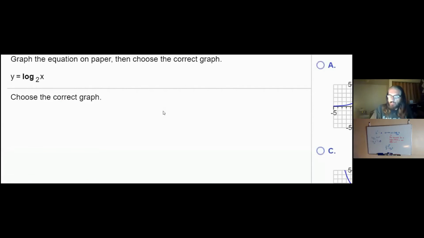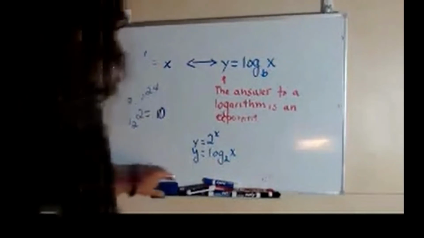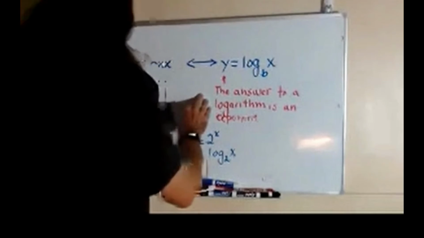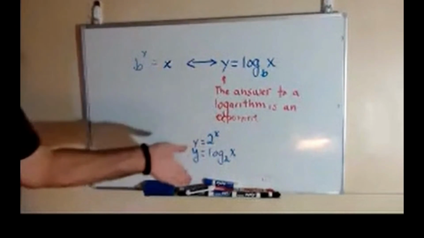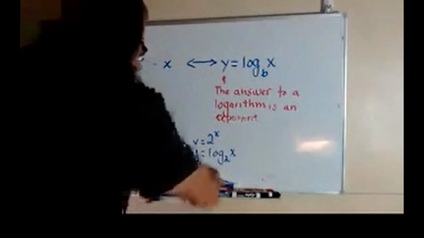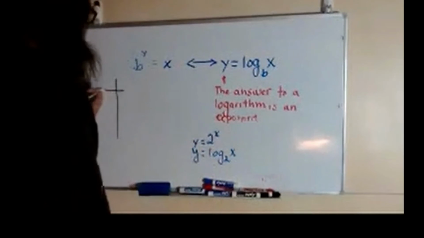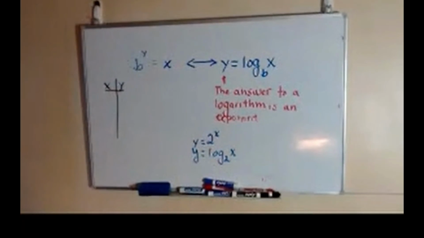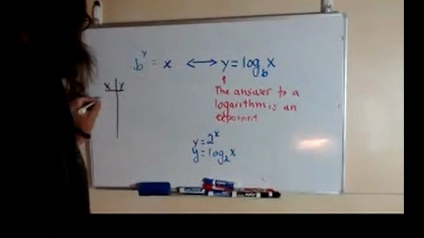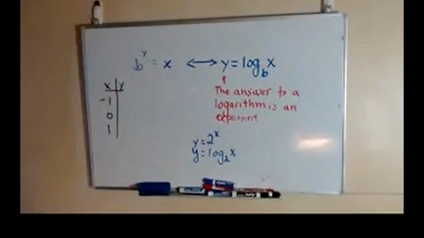Finally, if we want to graph y equals log of x base 2, I just indicated that we have inverse functions here. So if we were going to graph the first one, the exponential function, we don't need a lot. We can put in 3 special values of x.